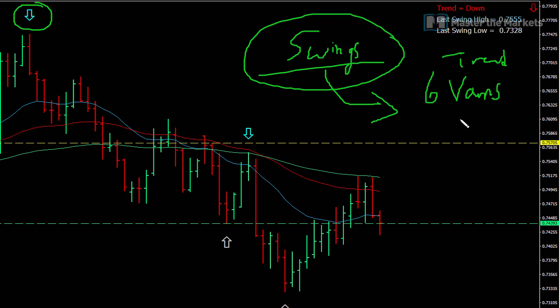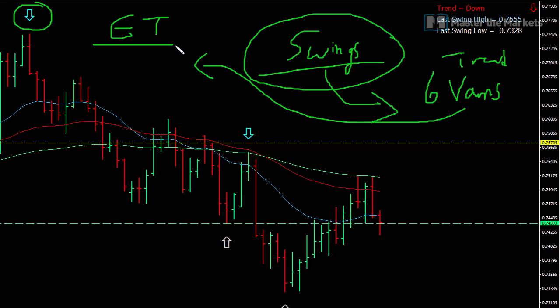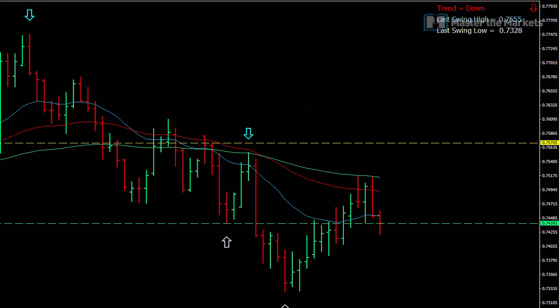Two of the 6 variations fall under what we call established trend variations. Let me go through those two variations for you. The first one is variation 4, which is the very typical definition of lower lows and lower highs for a downtrend, or variation 5.